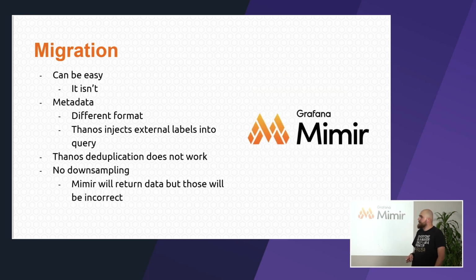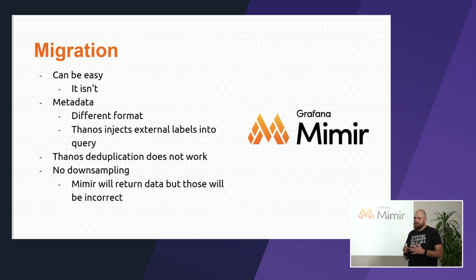Migration can be easy. It isn't. I learned the hard way. First things first, metadata. Metadata has a different format than in Thanos. Basically, Thanos stores external cluster information labels in metadata, not in the metrics themselves, so it has to be converted.